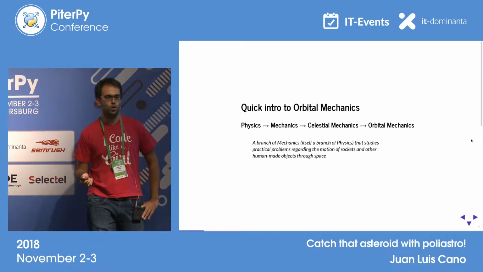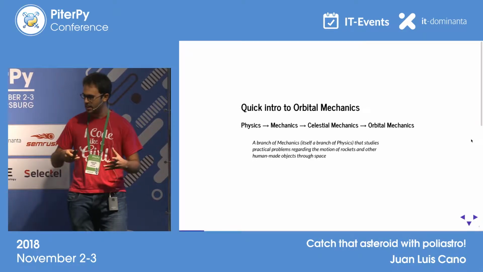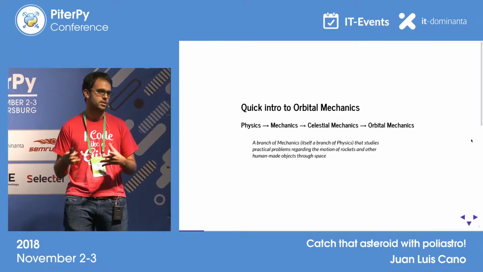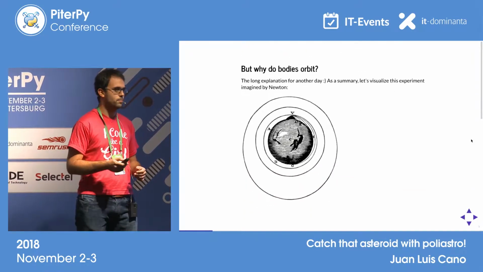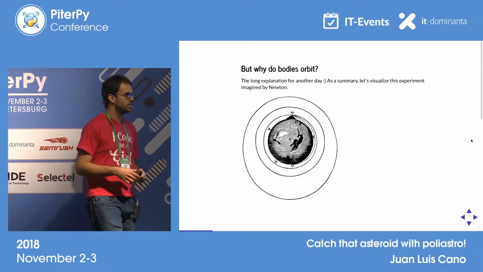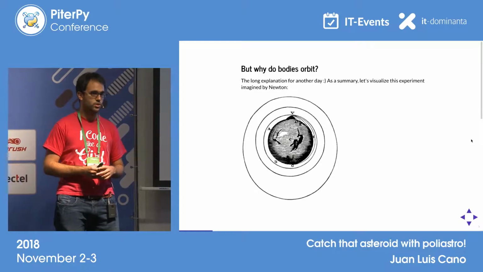So a quick introduction to orbital mechanics. Orbital mechanics is a branch of physics that studies the motion of human-made objects in space. Just to give a very quick introduction of why objects orbit in the first place, this is a mental experiment that Newton designed like 400 years ago.